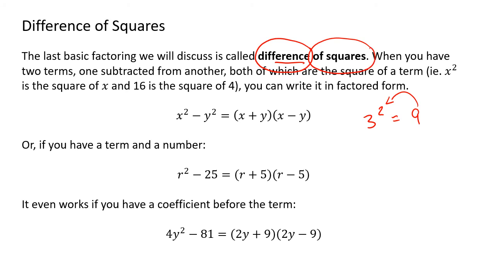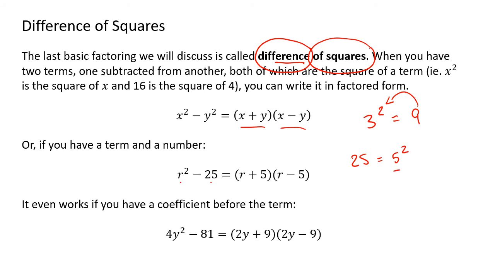And when you do, there's a simple answer to how they work out. If you have 2 terms that are both squared, subtracted from one another, that's the same as writing it again in one of these neat little packets of x plus y and x minus y. In other words, if you have an example here, r squared minus 25, well you know that 25 is equal to 5 squared, okay?